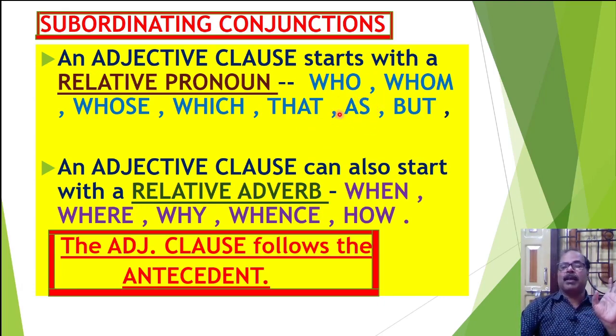You must look at the examples. And again an adjective clause can also start with a relative adverb. What are the relative adverbs? When, for time adverbial, where for place adverbial, why, adverb of reason, whence means from where, this is also a place adverbial. How, the adverb of manner or method.